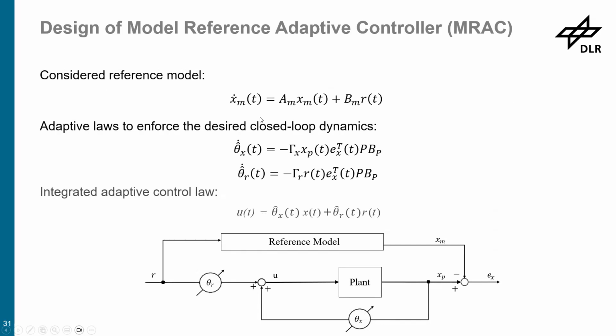And I just go through this because I assume that for most of you, it's very clear. You have this reference model, and the reference model is delivering information of the desired behavior of your closed loop system, right? And then you use this adaptive law to ensure that if the system deviates from your reference dynamics, the gains are adjusted such that you will converge to this behavior, right? And this is the controller that you're using.